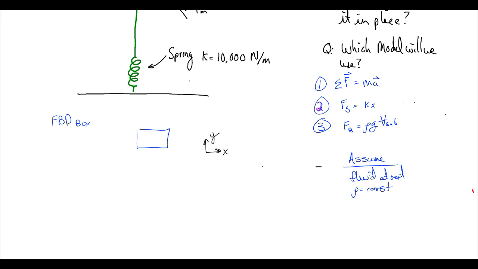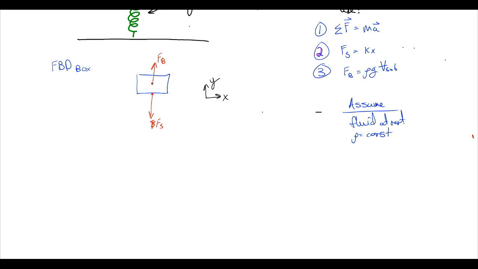So we're going to do y in that direction. Then acting on our box, do we have any weight? Nope, we have no weight. So we do not have an mg, but we do have a buoyant force, FB, and we have an F spring acting down.